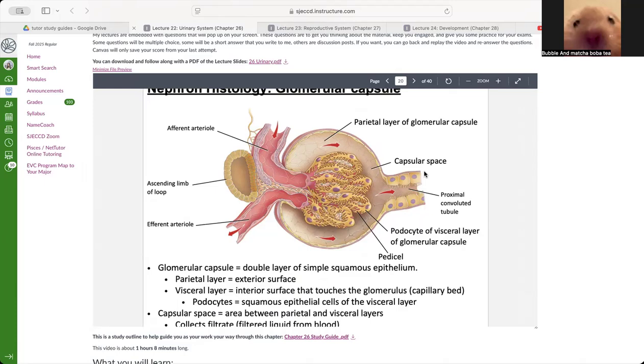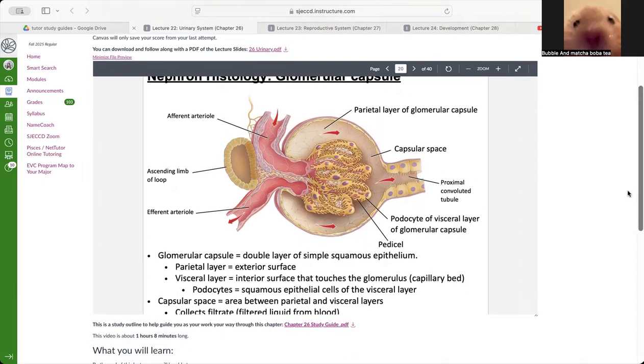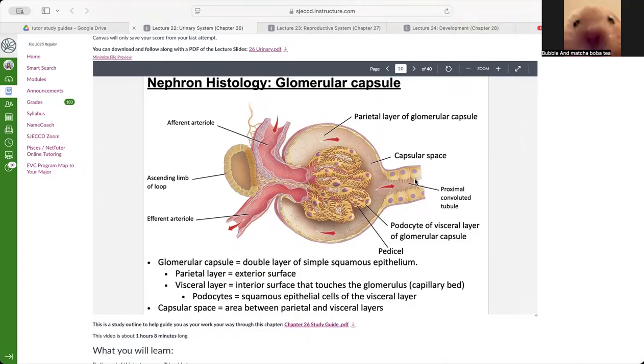We have the glomerular capsule, and this one is a double layer of simple squamous epithelium. Part of the nephron, we have the parietal layer, which is the exterior surface, and the visceral layer, which is the interior surface that touches the glomerulus. It has special cells called podocytes, which are the squamous epithelial cells of the visceral layer, and they're important for the filtration of blood.